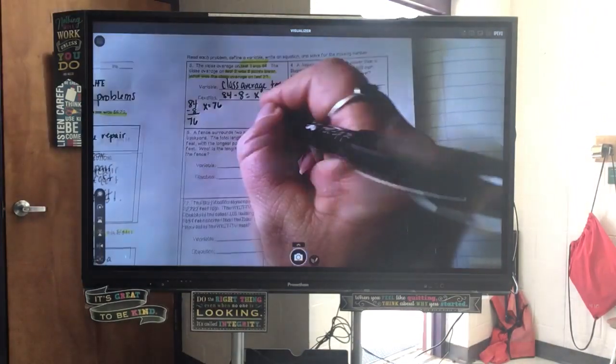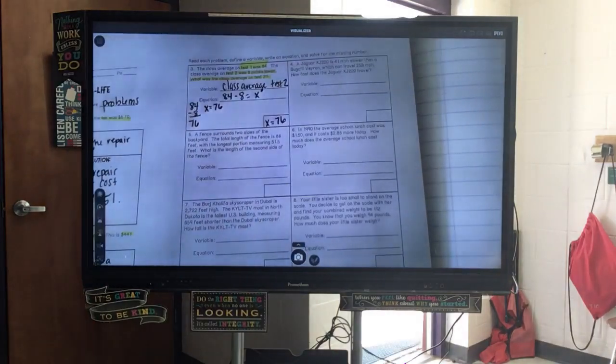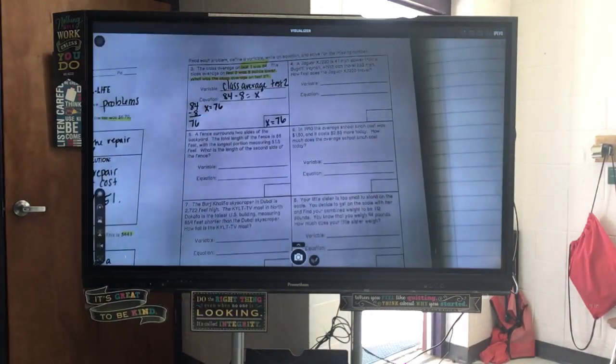So x equals 76. And you can check it by adding 8 back. Right, you can check it by doing 76 plus 8 if you want, but I don't want you to get too confused because technically plugging 76 in is putting it in as the answer, and that's what we got for our answer. Does that make sense? Okay.